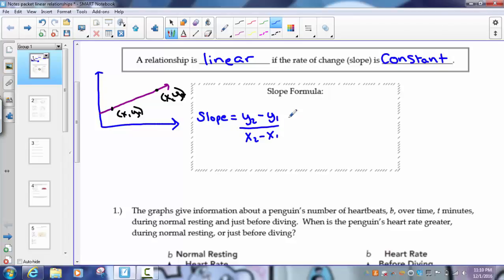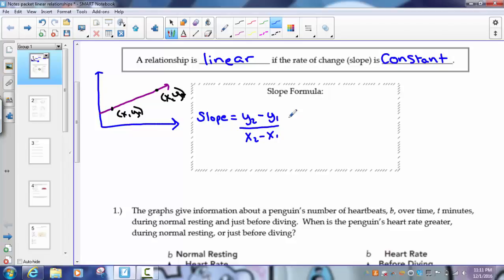Now these little 1s and 2s don't mean the number 1 or the number 2. It just means that this variable x is different from this variable x. I want to use x to show that it's the x coordinate, but I have 2 different x coordinates. So these are called subscripts. So I subtract my y, and then I subtract my x, and I divide the 2.